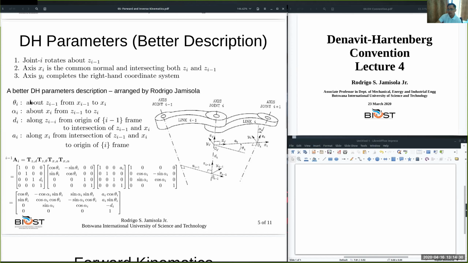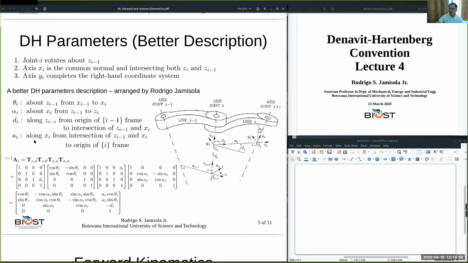When we're talking about the angles, theta and alpha, for theta it will be about the Z axis, and for alpha it is about the X axis. For the distances, d will be along the Z axis and a will be along the X axis.